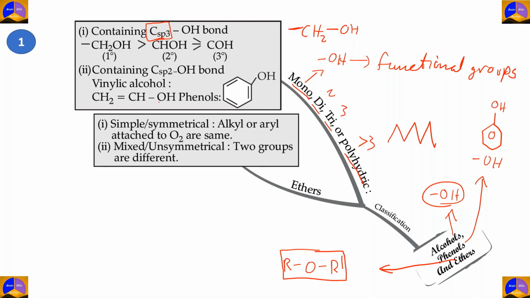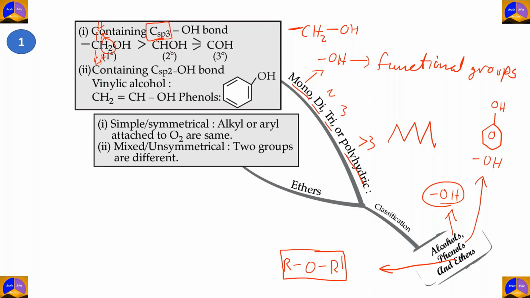Now these have the following arrangement: primary, secondary, and tertiary. In primary alcohols, the carbon is connected with 4 bonds, which includes the bond with the functional group.